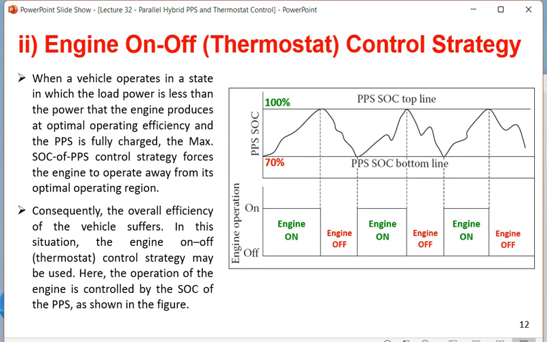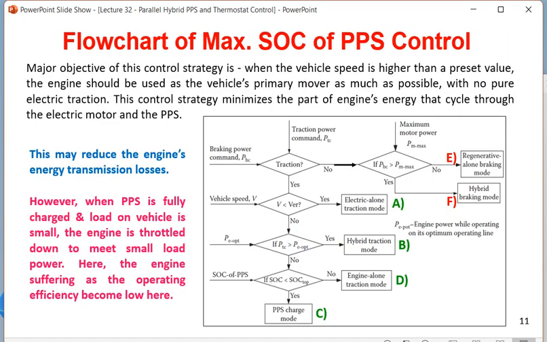That means in the previous case, the engine wants to charge the PPS as well as give the maximum output to the vehicle. But if the SOC is fully charged, in this case the engine doesn't get to work in its optimum operating region. So in engine alone traction mode, engine efficiency is getting less. That means the engine is losing its performance.